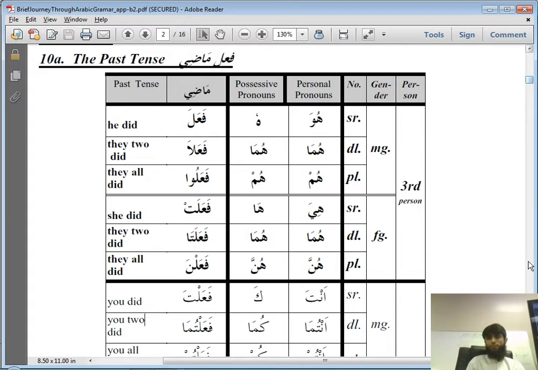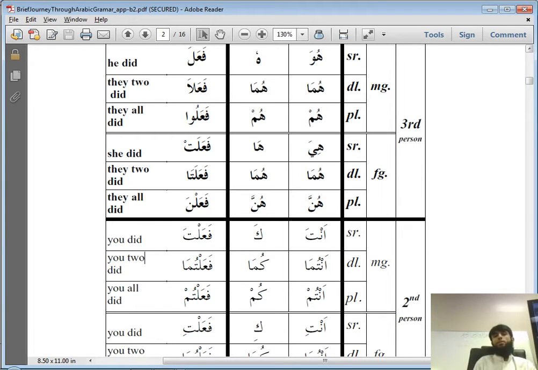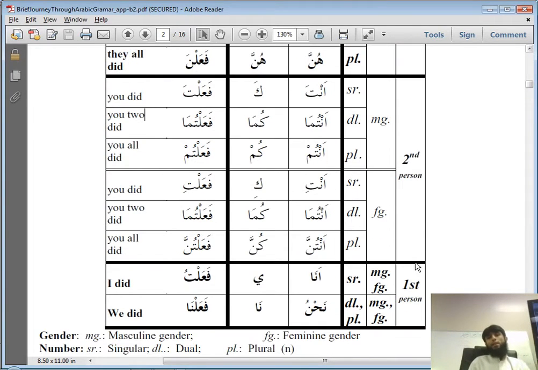Don't force yourself to memorize it too much, because as you go along with the translation, you will start seeing it. And fa'alta is you did something, and fa'altuma is you two did. An example of fa'alta is khalaqta, meaning you created.